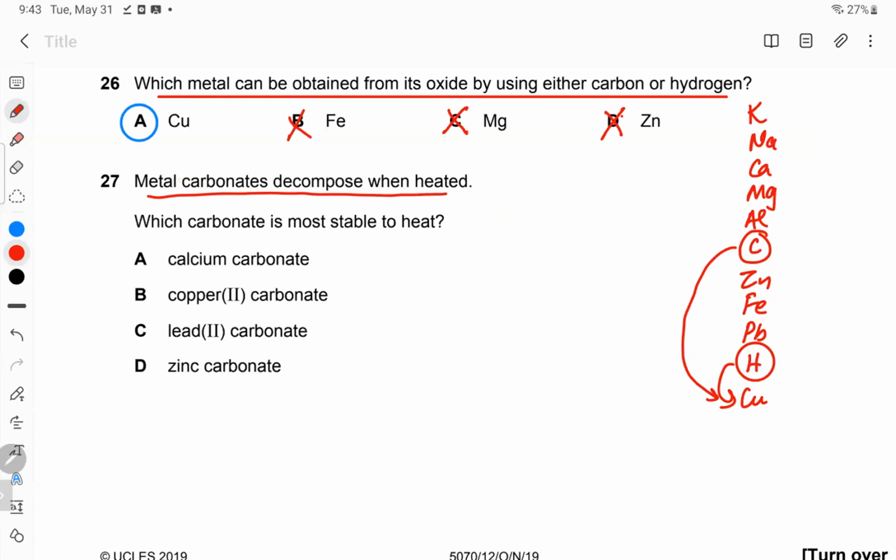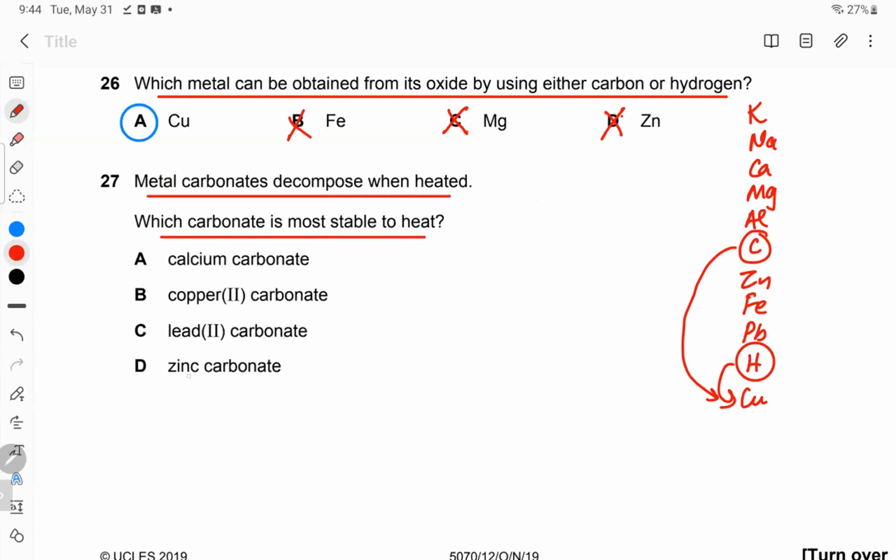27, a metal carbonate decomposes when heated. Which carbonate is most stable to heat? So if you recall, is it A? Yes, because the more reactive the element is, the more stable its compound is.